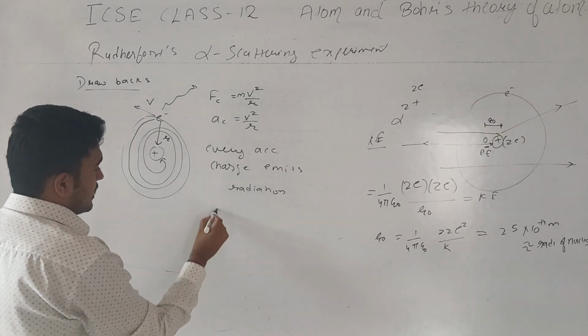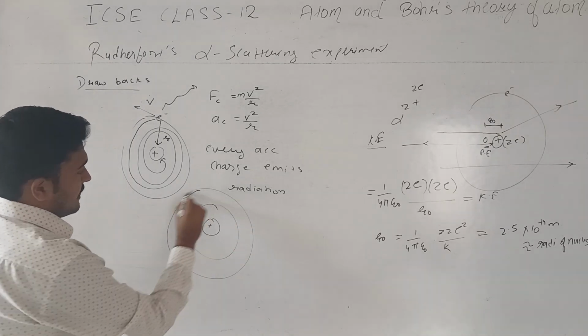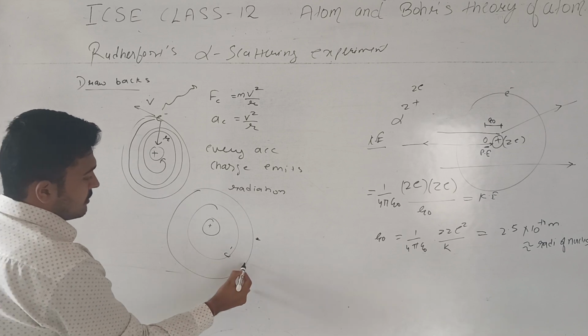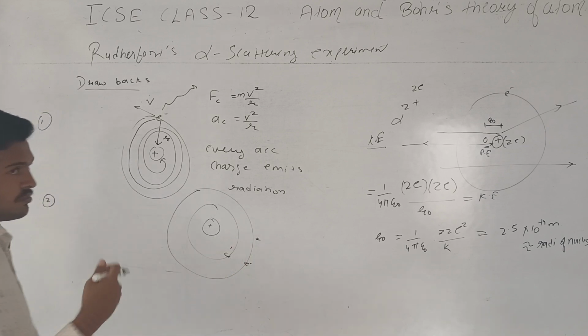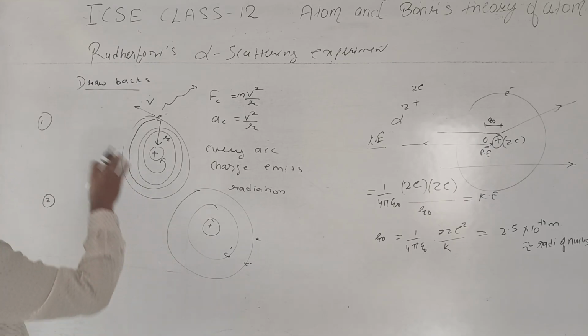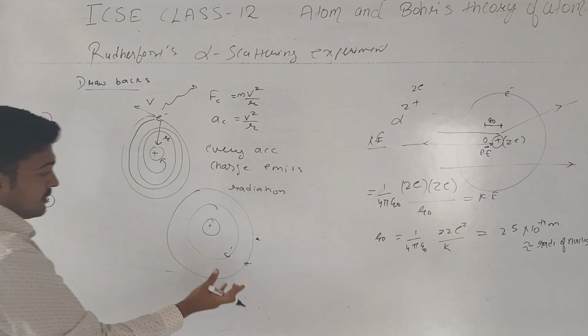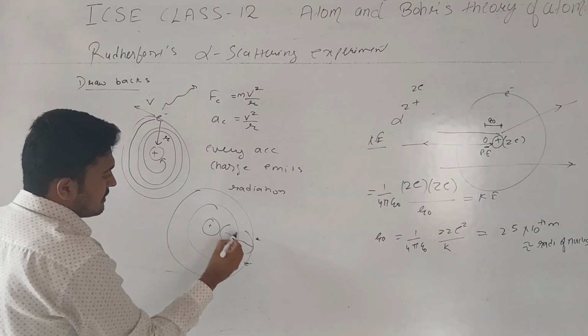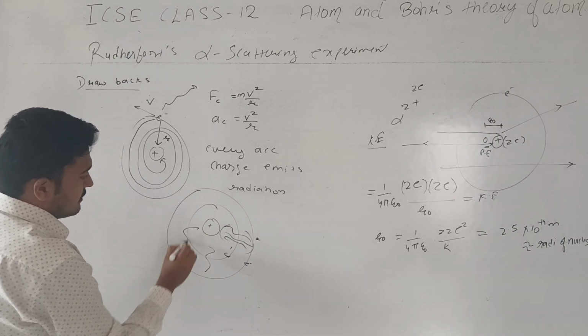Either the electron is in the first orbit or it is in the second orbit; this is what we study today, given by Bohr. But according to Rutherford, the electron can be anywhere in this whole space.